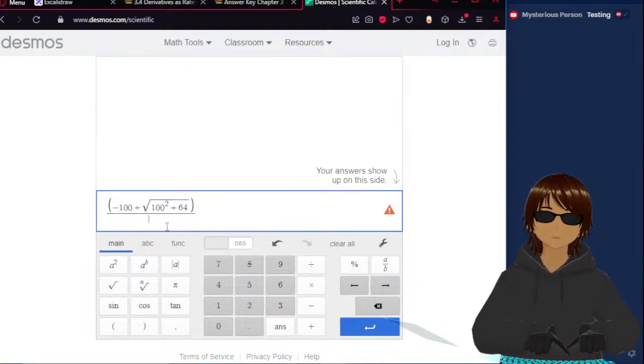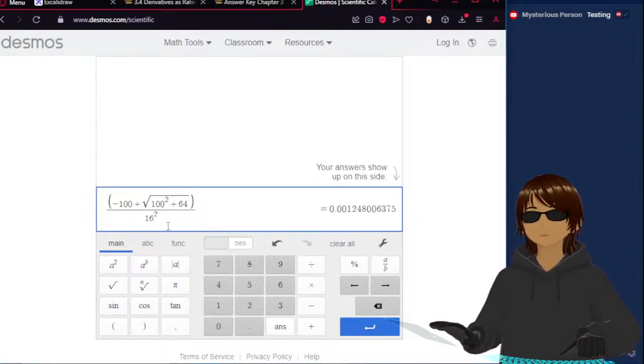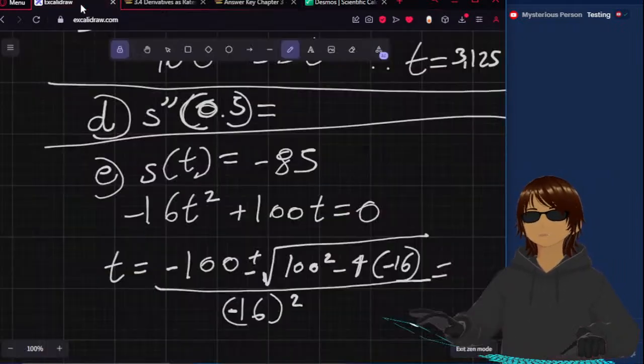All that divided by 16 squared. Something isn't right here.